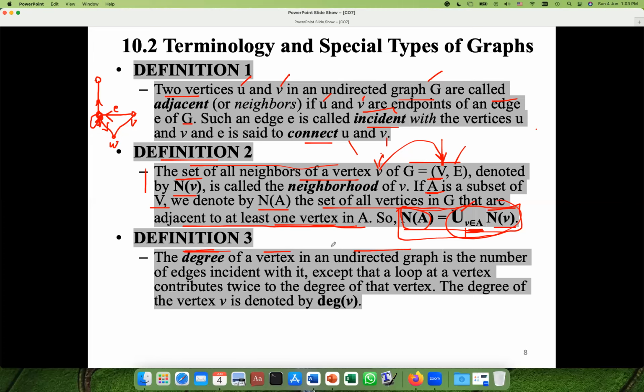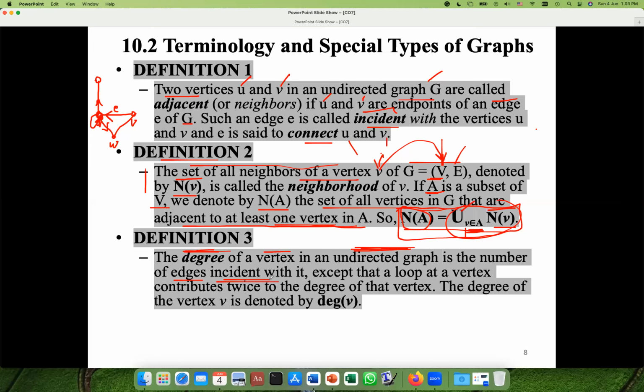So degree of a vertex in an undirected graph is the total number of edges connected with it. Undirected graph, so that's why connected with it. When you don't have the direction, then you can say incident with it, connected with it, that's okay.